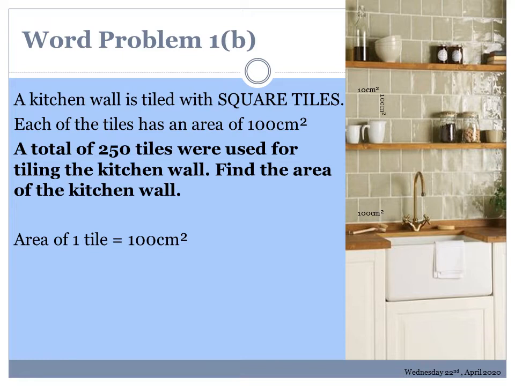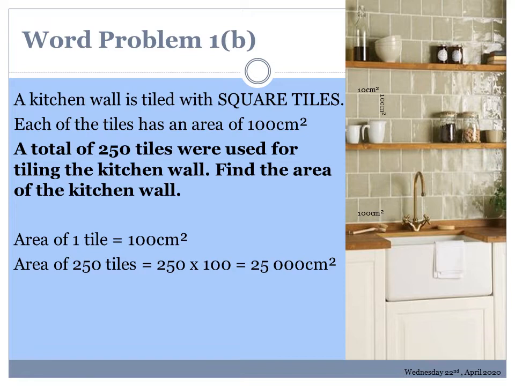If one tile has 100 centimeters square as the area, then 250 tiles will be 250 multiplied by 100.